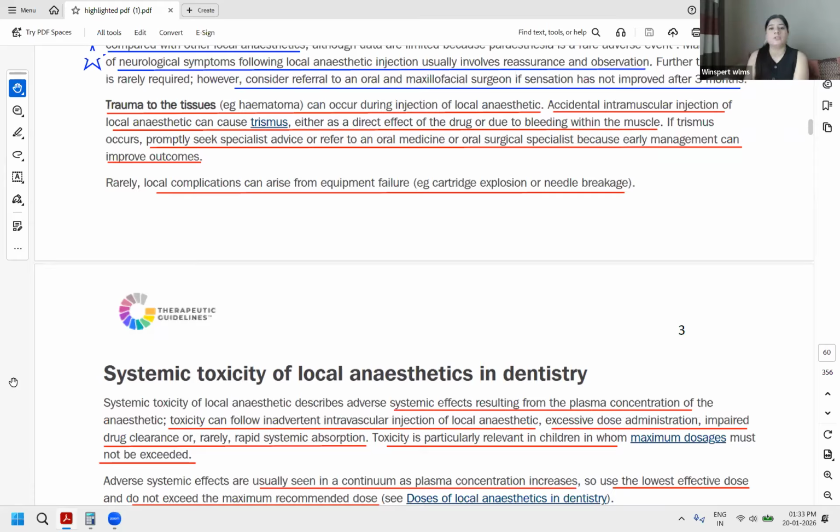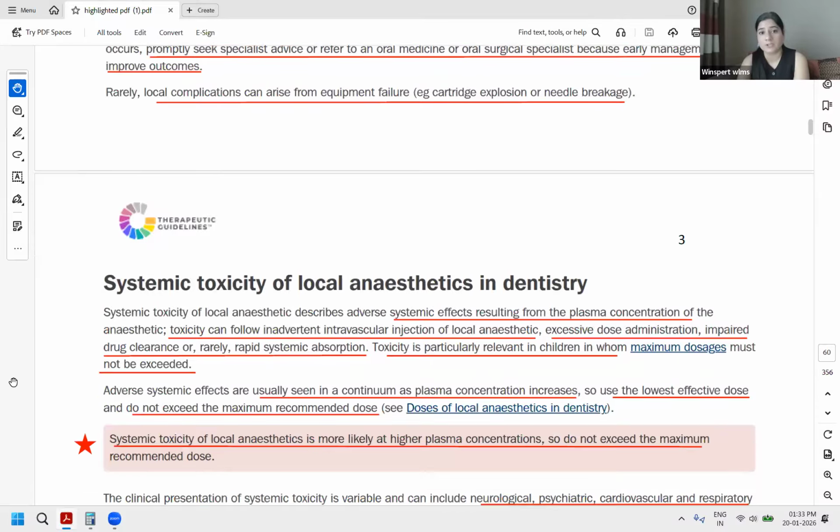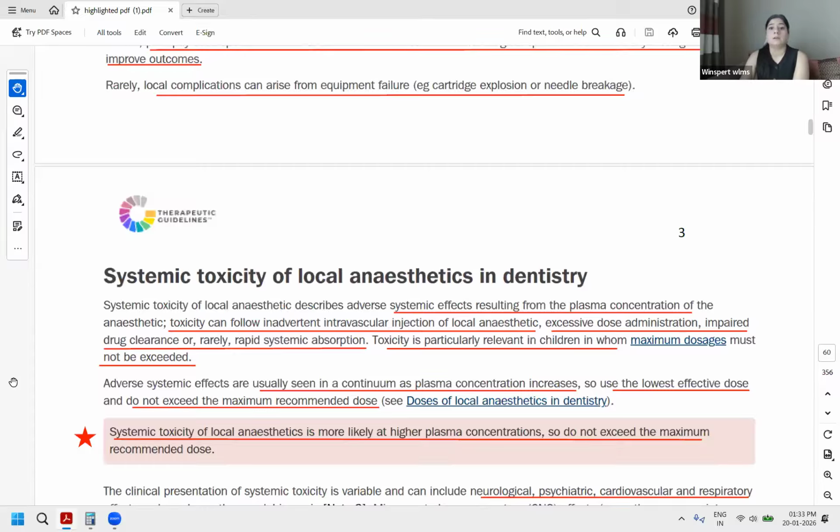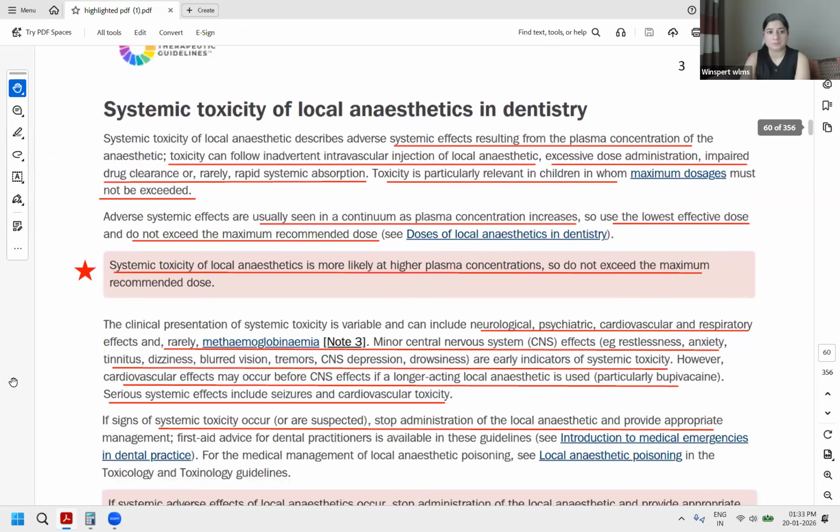But early management is required, referral is required. This is not a wait and watch situation. This is a specialist situation because it is because of the internal bleeding and trauma to the muscle, right? Sometimes far more serious complications can also arise, like a cartridge explosion or needle breakage within the tissues. They also would require immediate specialist referral.